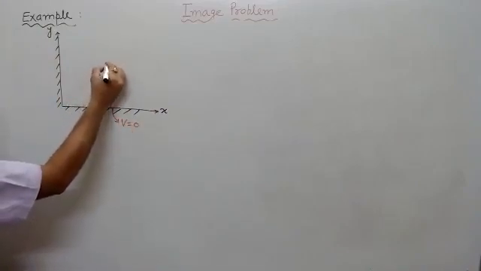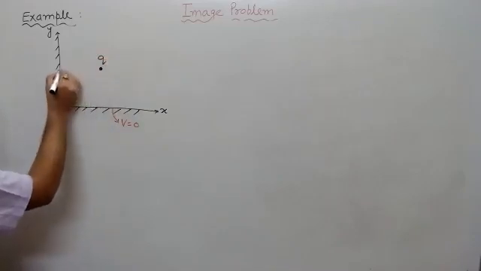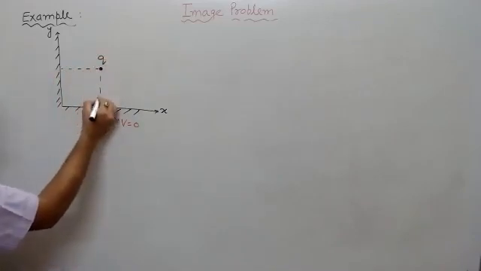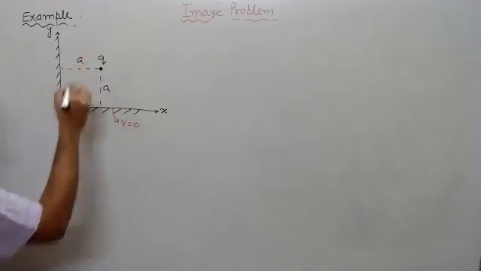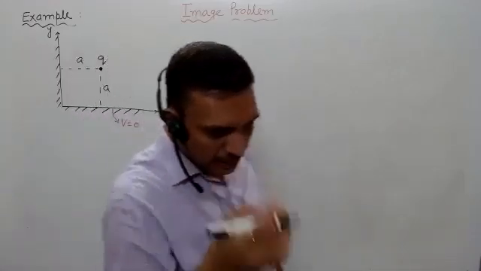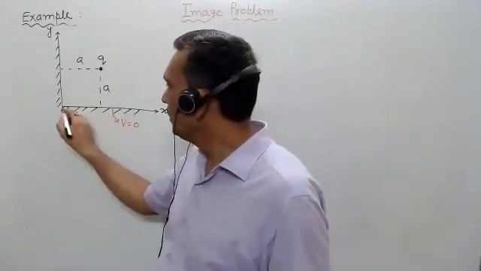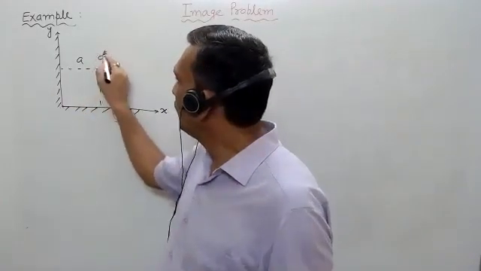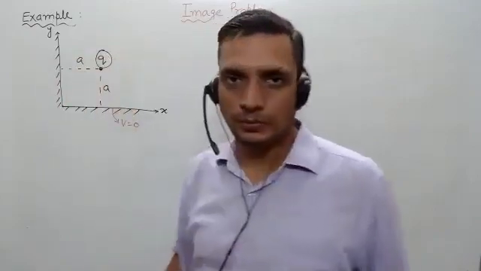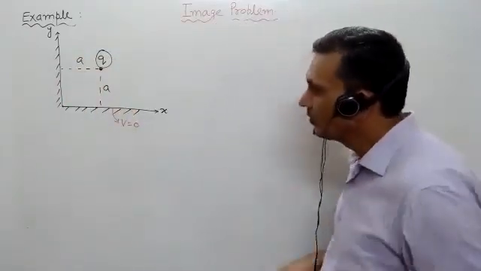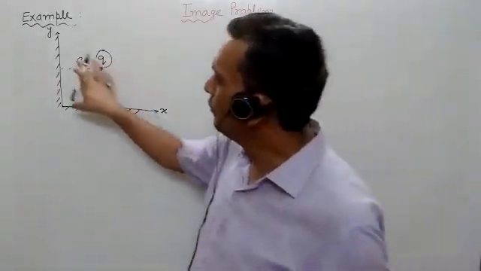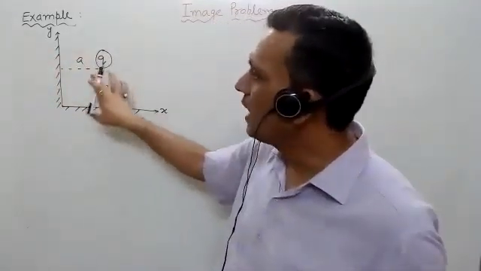Charge q is symmetrically placed at point AA. This is the origin. What will be the force experienced by charge q? We have to find the force experienced by charge q.